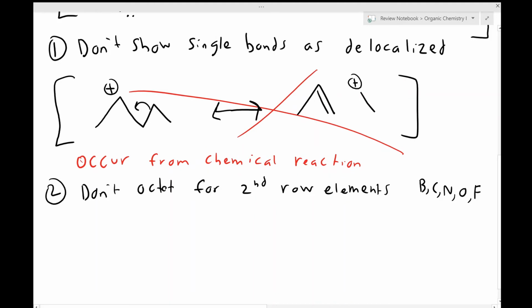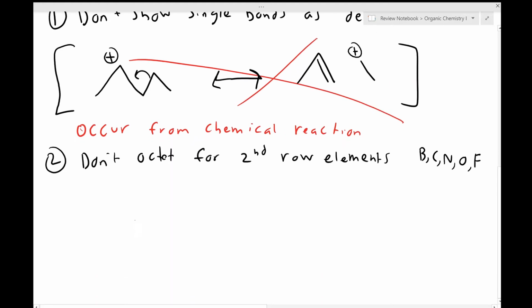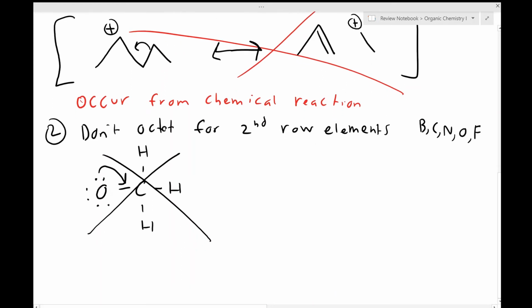For example, carbon, with our H here. We had this oxygen that was negative. We don't want to be putting this lone pair here to create a double bond. Less than the octet is okay.